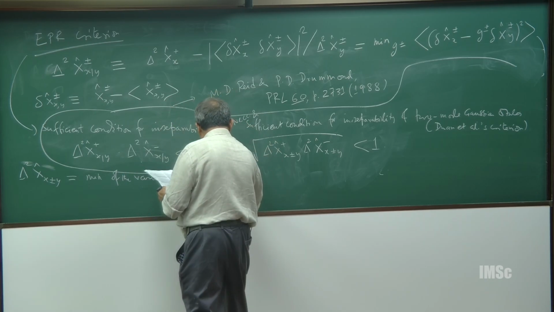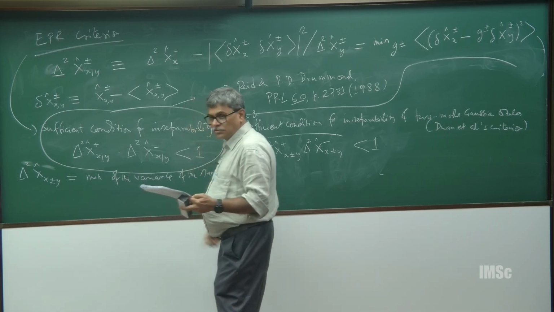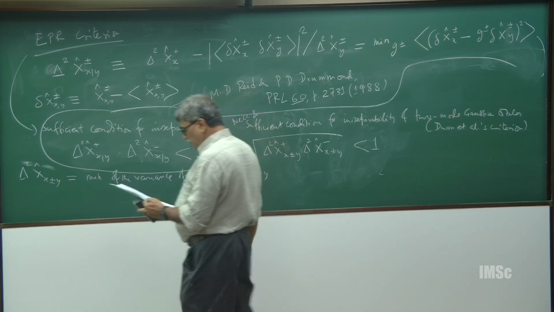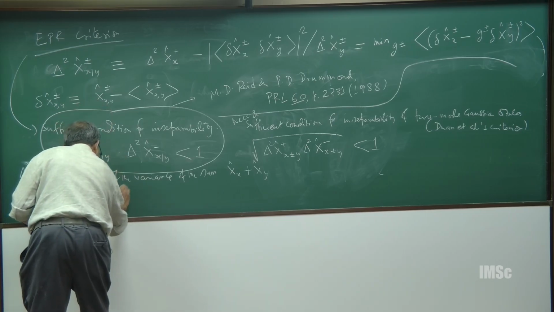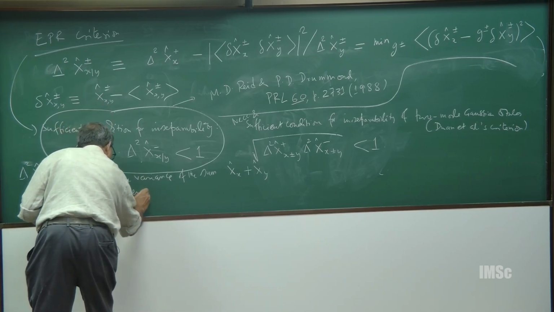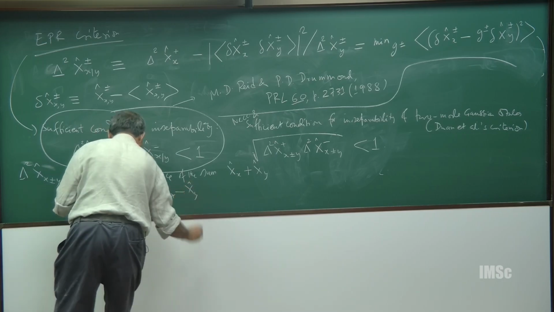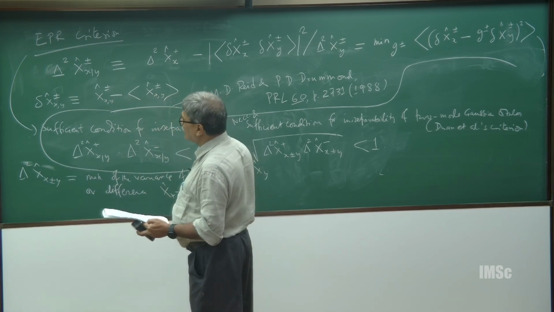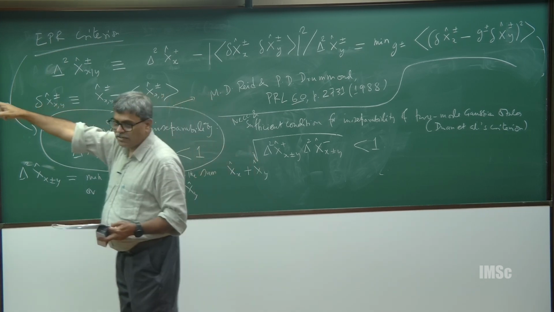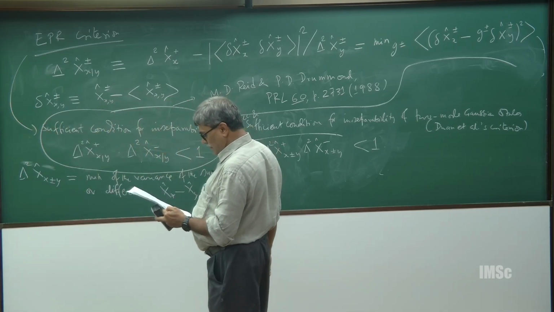So the sum, which is x x plus x y, or the difference, which is x x minus x y. Now, what is x x and x y? I have defined these, right.